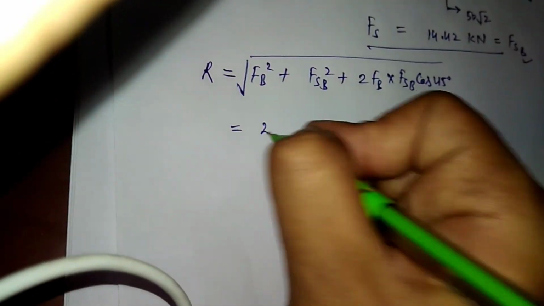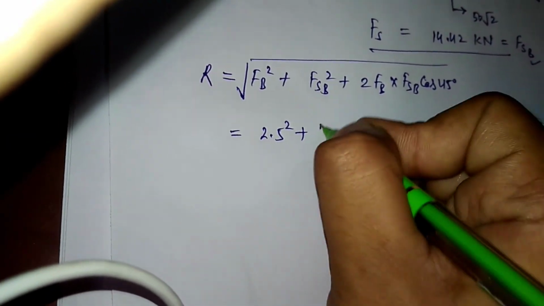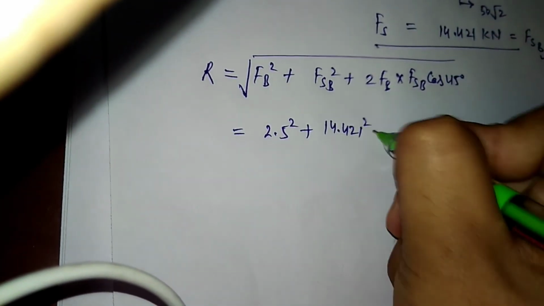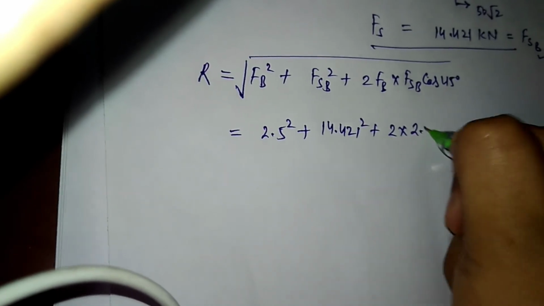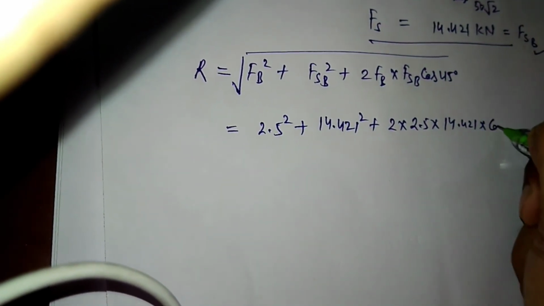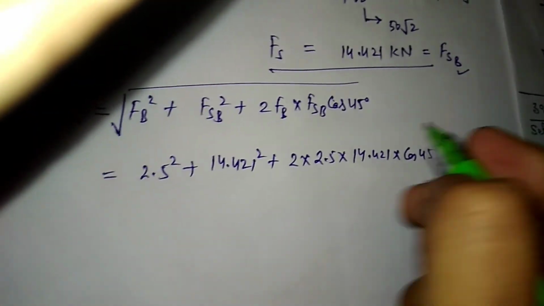So this is root of 2.5 square plus 14.142 square plus 2 into 2.5 into 14.142 into cos 45.